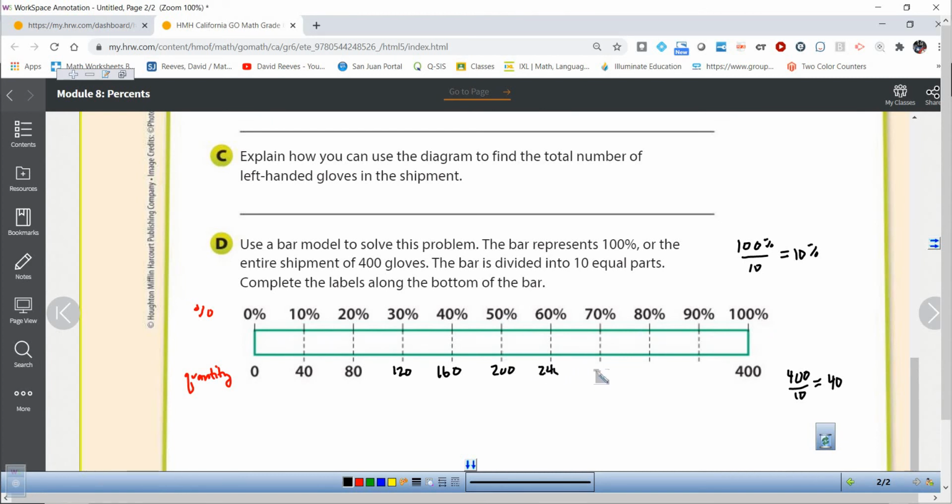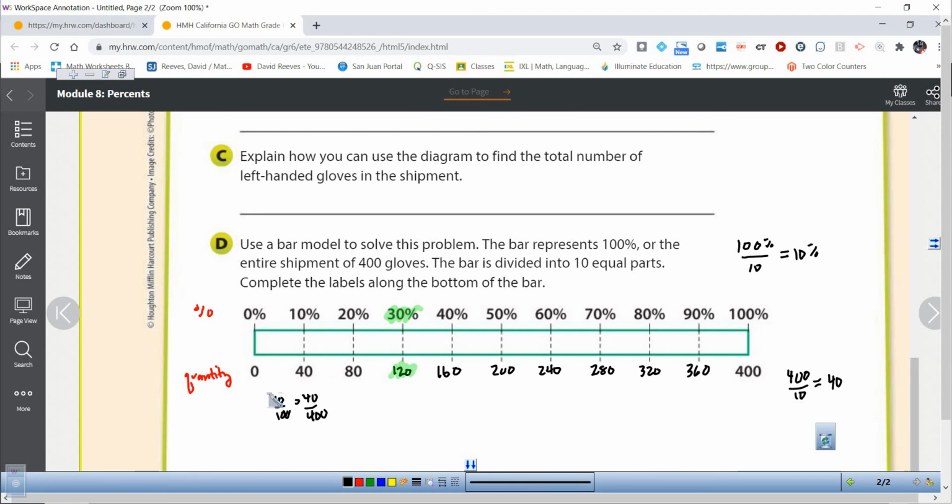And then we have 240, 280, 320, 360, and 400. You could see this was our answer right here. We wanted 30%, and 30% was 120. And each one of these creates its own little equivalent proportion. So 10 over 100, that's 10%, would equal 40 over 400.